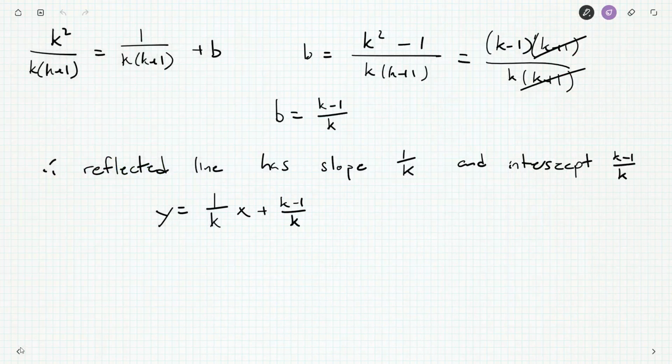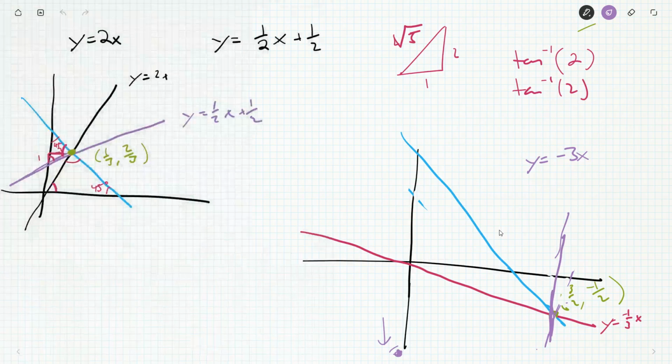K minus 1, so negative 1/3 minus 1, so that's negative 4/3 over negative 1/3. So negative 4/3 over negative 1/3, so it should be plus 4. Oh, so it should intersect some really, really high up here. So that was more like the first one I drew.